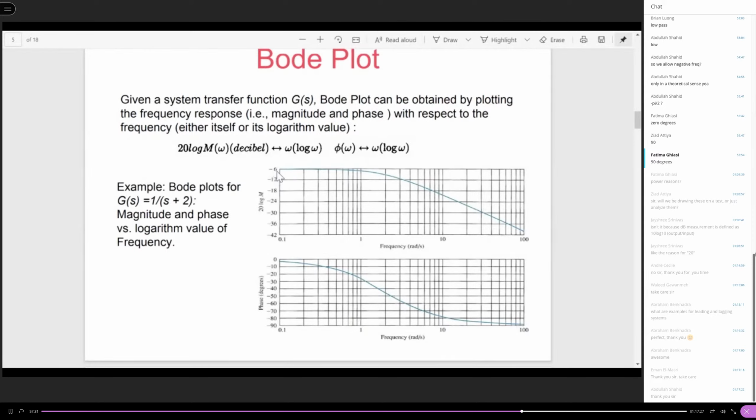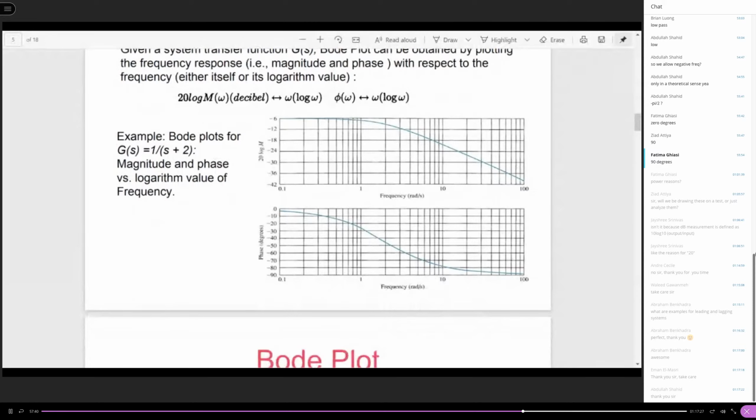you see here, we are doing some math manipulation. We're not using the absolute value M of omega, but we do not want to distort the picture, so we use the 20 log. I will explain why people like to use the 20 log.